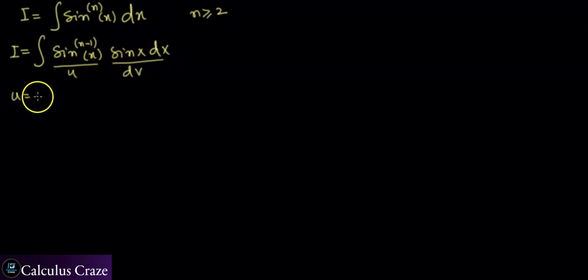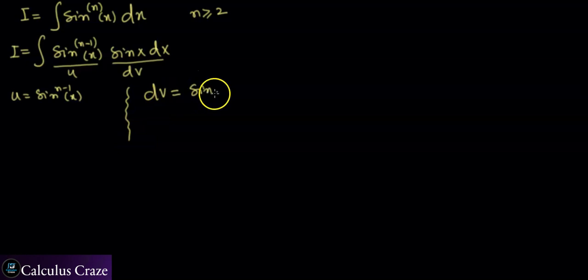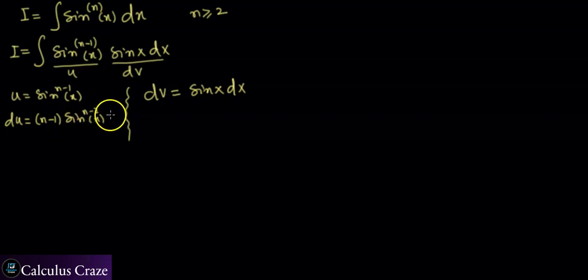So my u is equal to sine power n minus 1 of x, and my dv is equal to sine x dx. From here, if I differentiate, then my du should look like n minus 1 times sine power n minus 2 of x times cos of x, and on integrating, my v should be equal to minus cos x.